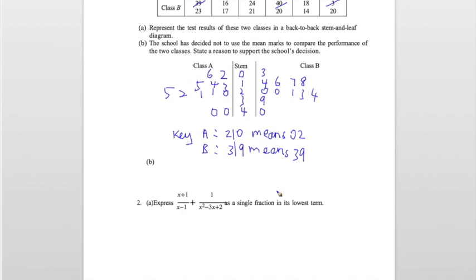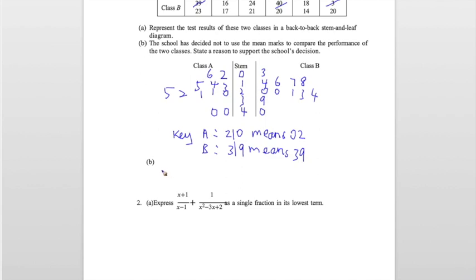Right? Now the next question says the school has decided not to use the mean marks to compare, and what is the reason? Now because there are extreme values, or what we call outliers, right?